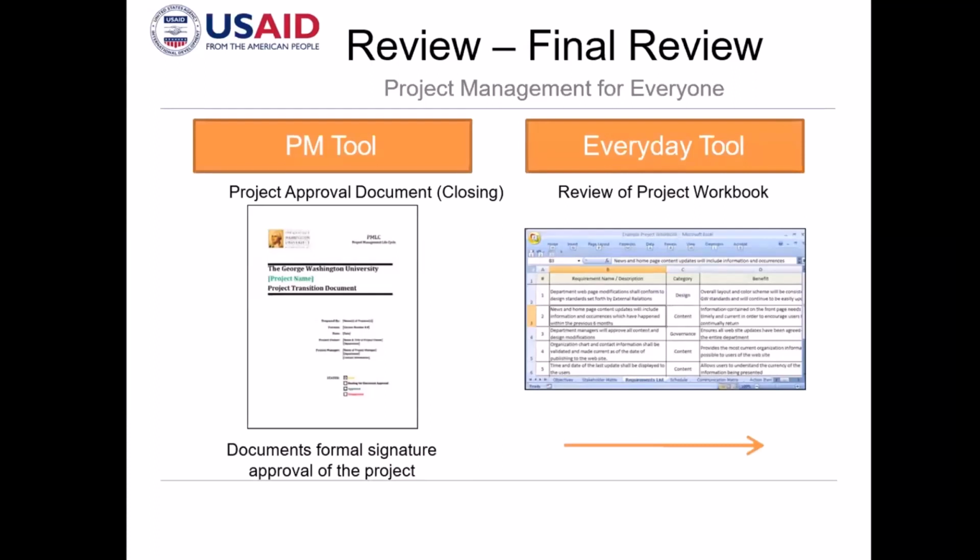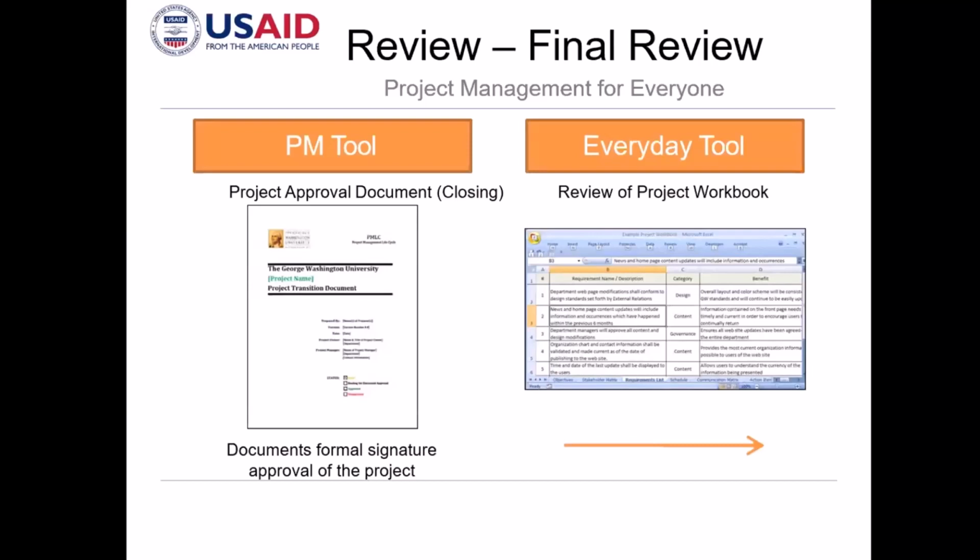And in the corporate world, we normally have a project approval document or a closing document. So once all the requirements are met and we are ready to turn over the project to operations, each major stakeholder and each of the project team will have to sign off on the closing document.